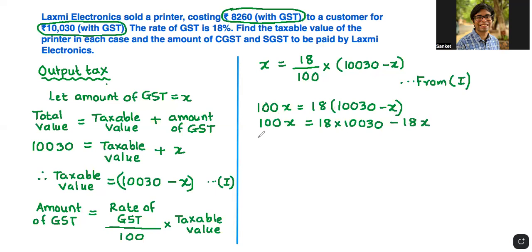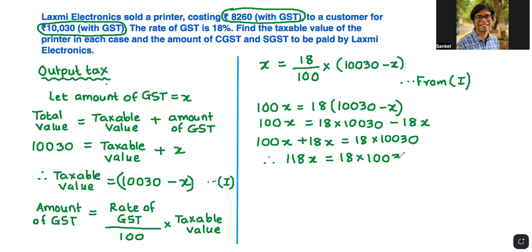I take 18X on the left hand side. So I get 100X plus 18X is equal to 18 multiplied by 10030. So I get 118X is equal to 18 multiplied by 10030.